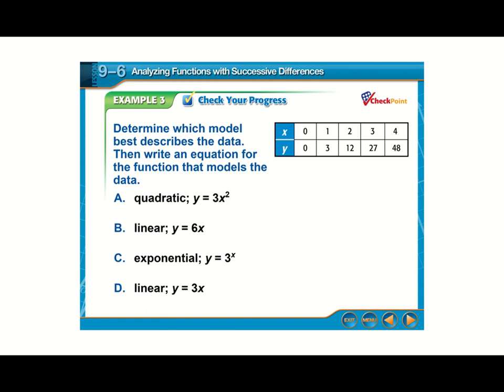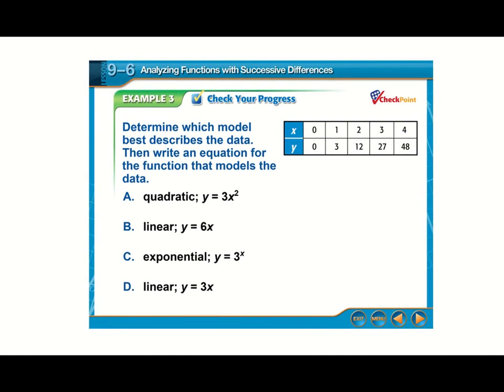Okay, so in this problem, I know it's one that you would do on your own, but let's do it together. So let's try to see, are we multiplying by the same thing? No. So I'm going to add 3 to get from 0 to 3, add 9 to get from 3 to 12, add 15 to get from 12 to 27, and what do I add to get from 27 to 48? 21.